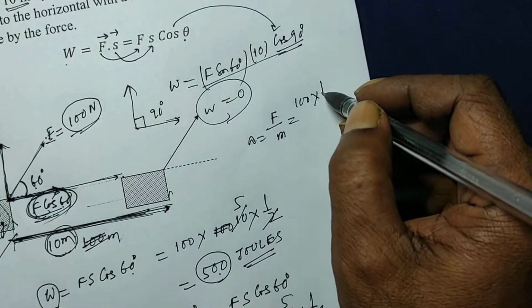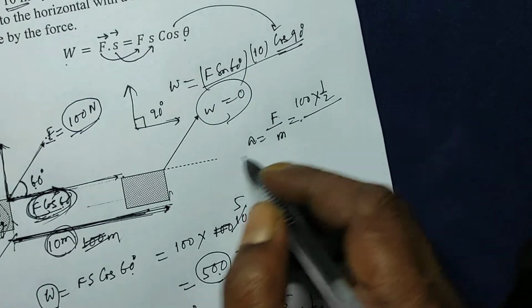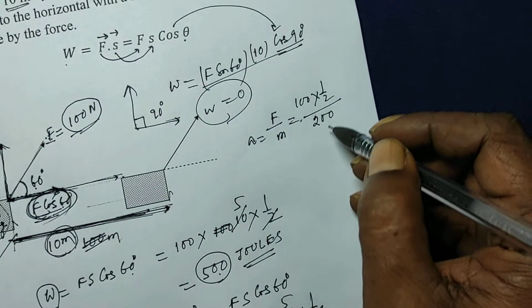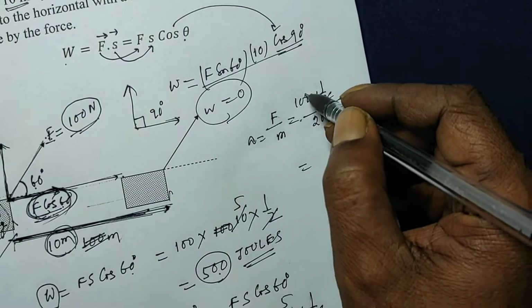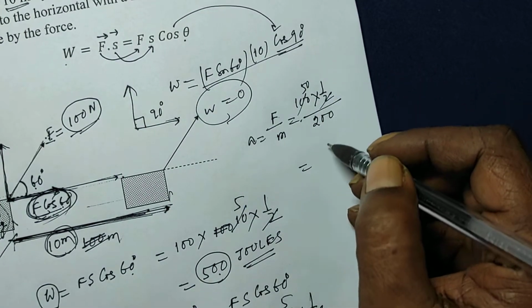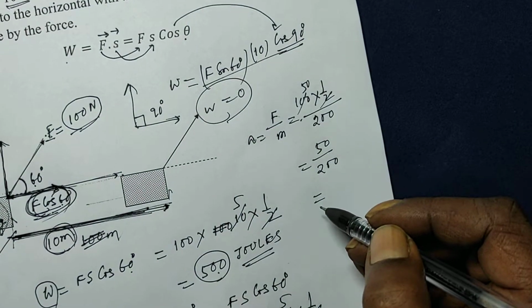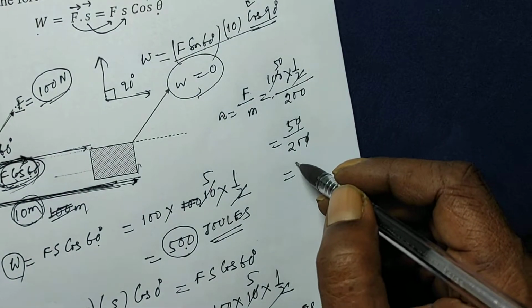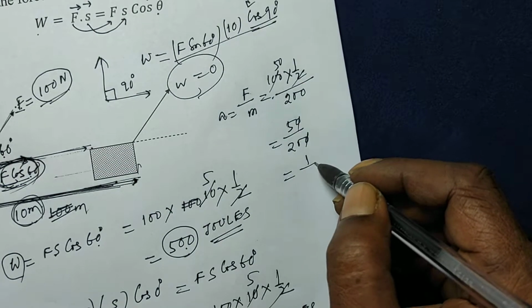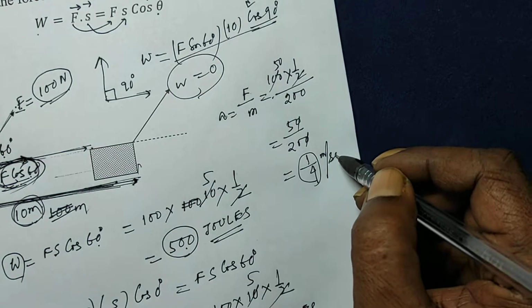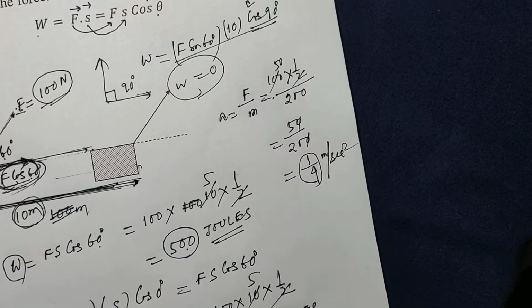Cos 60 is 1 over 2, over its mass, that is 200 kilograms. So this cancels with this. So 50 over 200, and that is equal to 5 over 20, that is equal to 1 over 4 meter per second square.